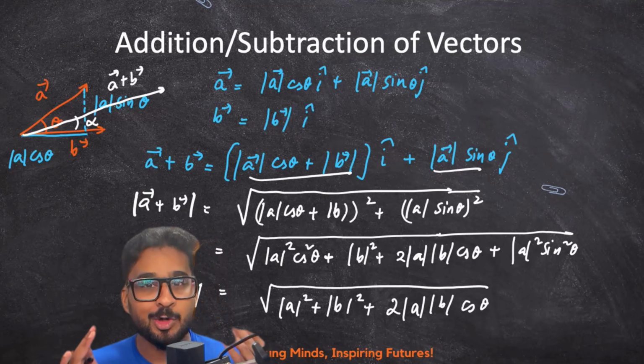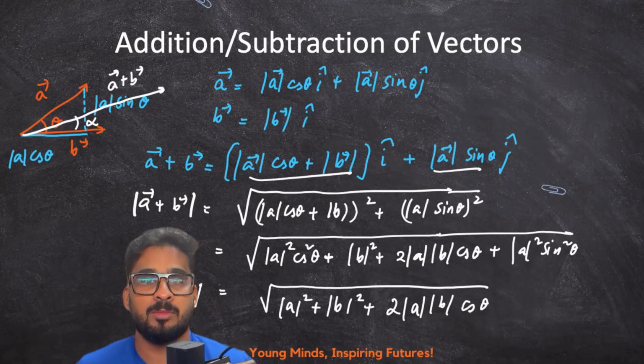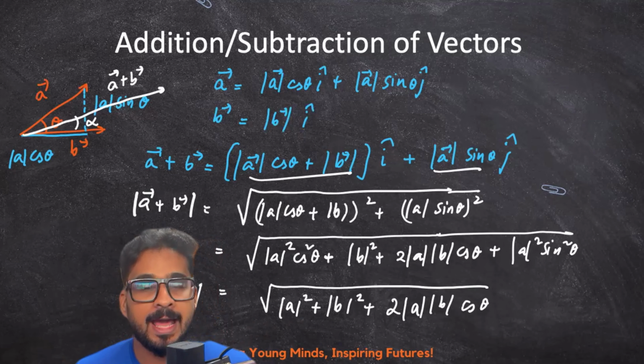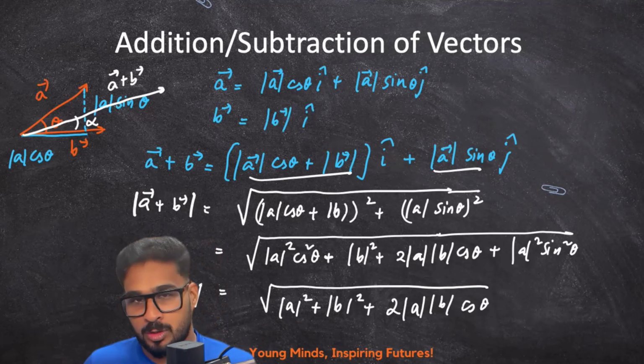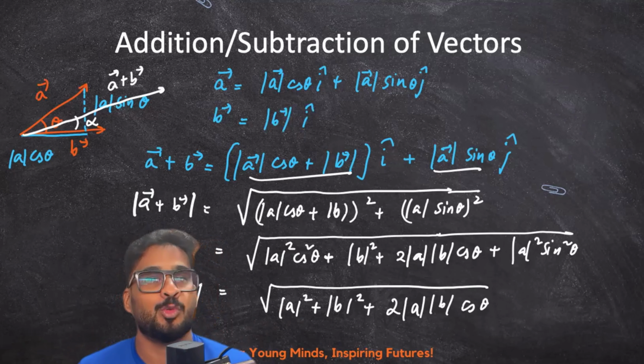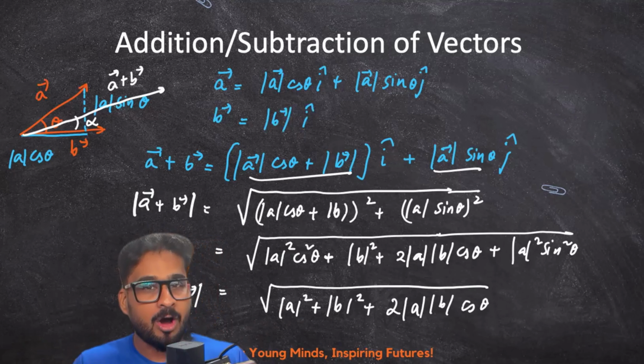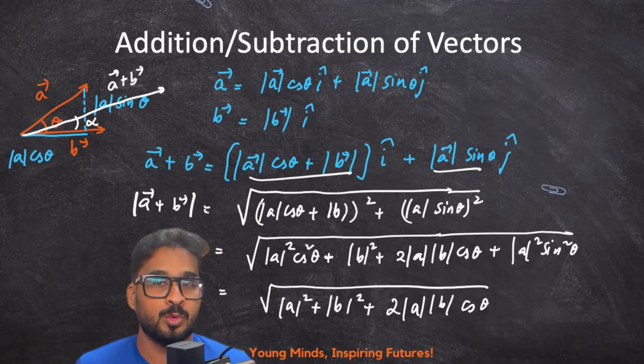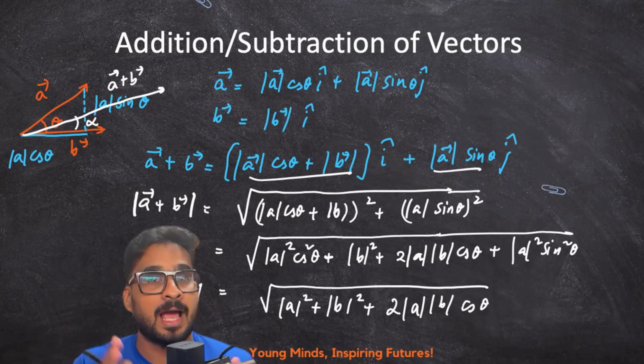So this formula is very, very important. When we are adding two vectors A bar and B bar, if the moduli are given, we can directly write the modulus of A bar plus B bar is equal to the square root of A square plus B square plus 2AB cos theta. But I always suggest my students to use the resolution method and derive the vectors in i cap and j cap and write the final answers.